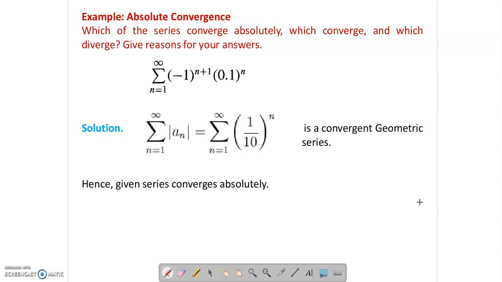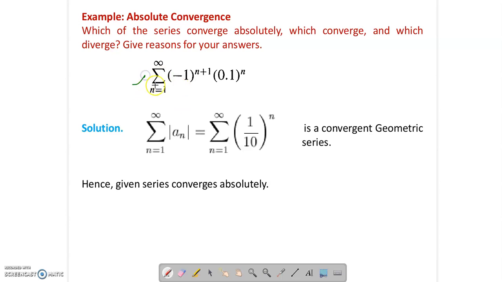Sometimes when you test the convergence of a series and prove that it is converging absolutely, we need not write that it is convergent, because absolutely convergent implies convergent. But if it is asked whether the series is convergent or divergent, in that case you have to conclude that since the series is absolutely convergent, it implies it converges.